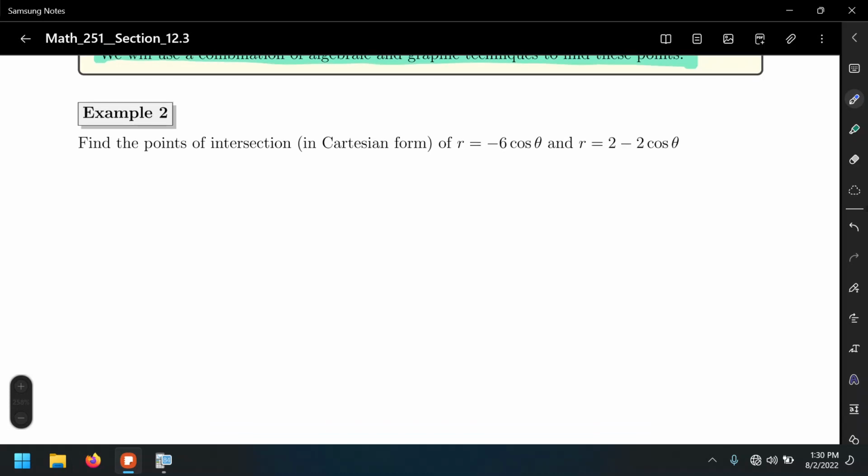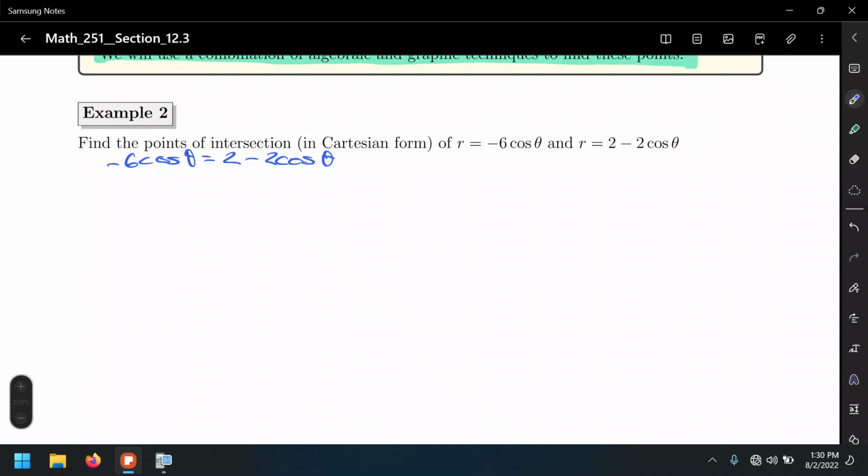Let's set these two equal to each other. That's -6 cosine theta equals 2 minus 2 cosine theta. So let's solve the equation. Let's have all the trigonometric functions on the left hand side, everything else on the right hand side.